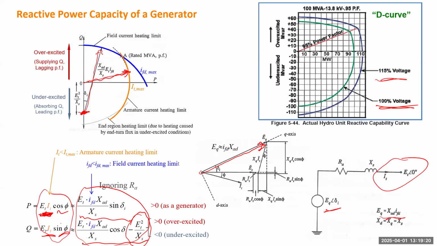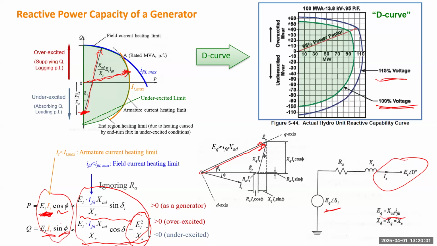Definitely, if you continue drawing that orange arc to finish the circle, that gives you basically the same as the D chart. Actually, in this figure, that is about that case. But in some generators, we also don't want the generator to operate in underexcited condition for a long time. So you can add another part of the limit as the dotted line shown there, or you can just give further protection, so that will cut one part of this area on the bottom, but it will finally give you about this D curve.